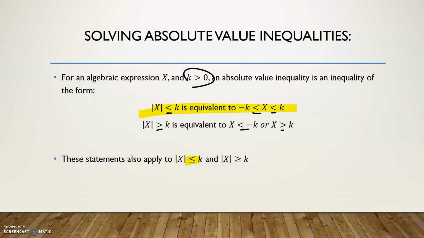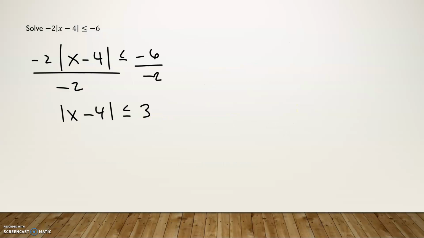And k is positive, ours is a positive 3. So we're going to deal with a negative 3 and a positive 3, and keep the equal sign underneath those as well.